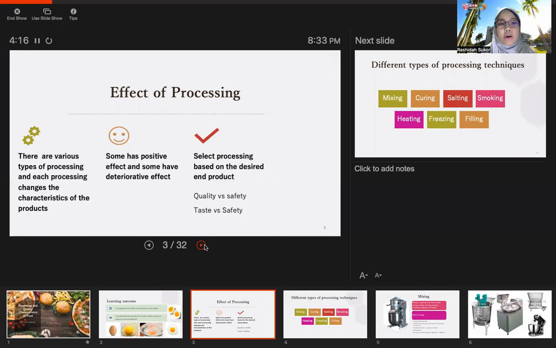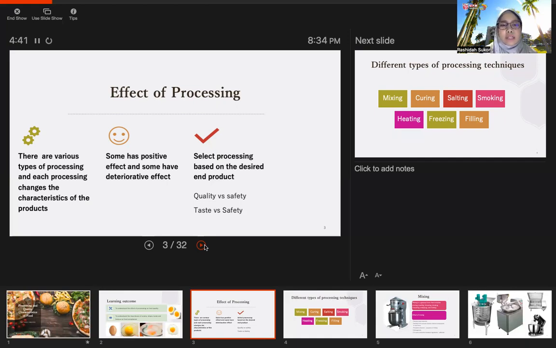So, the effect of food processing. As we know, there are various types of processing, and each processing will change the characteristics of the products. When we say characteristics, it means it will change the physical characteristics and also chemical characteristics most of the time.